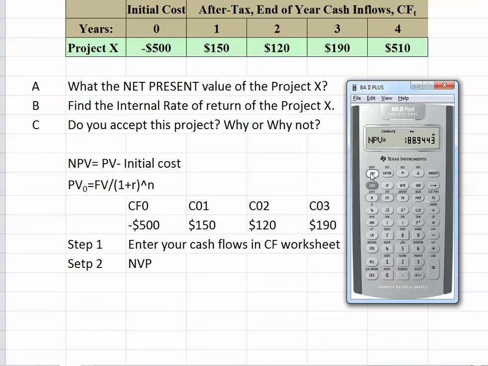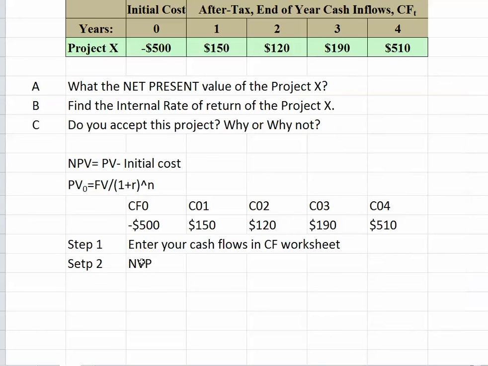Compute NPV. Then you enter your discount rate.